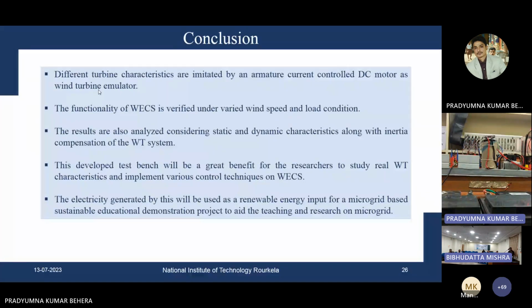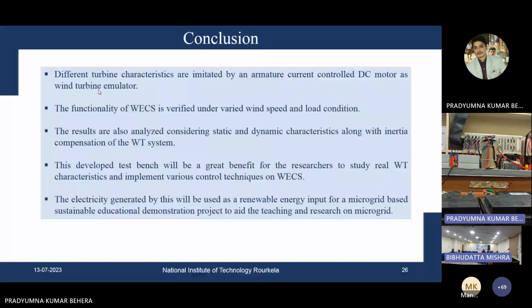The results are analyzed considering the static as well as the dynamic characteristic, along with including the inertia compensation and the shear torque. And this developed test bench can have a great benefit for the researchers as well as students to study the real wind turbine characteristic and implement various control techniques on wind energy conversion system.